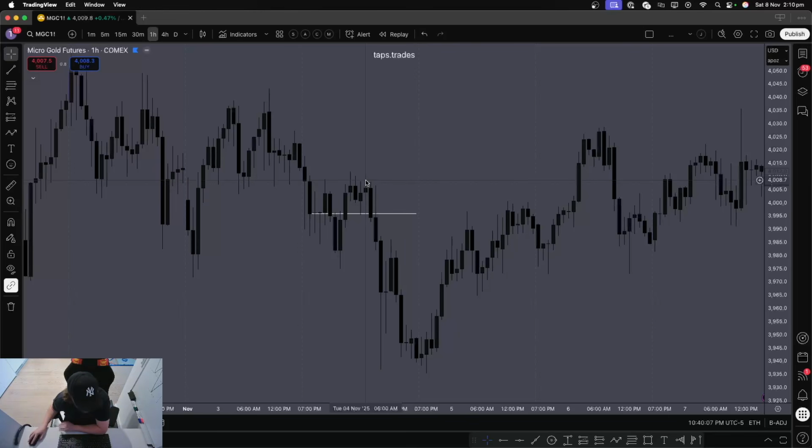You have to realize that the overall trend, when I say the overall trend, we're encompassing parts of the previous day to determine whether we're in an uptrend or a downtrend. This is a high in the market. This is a low in the market. This is a lower high. It didn't break this high, right?